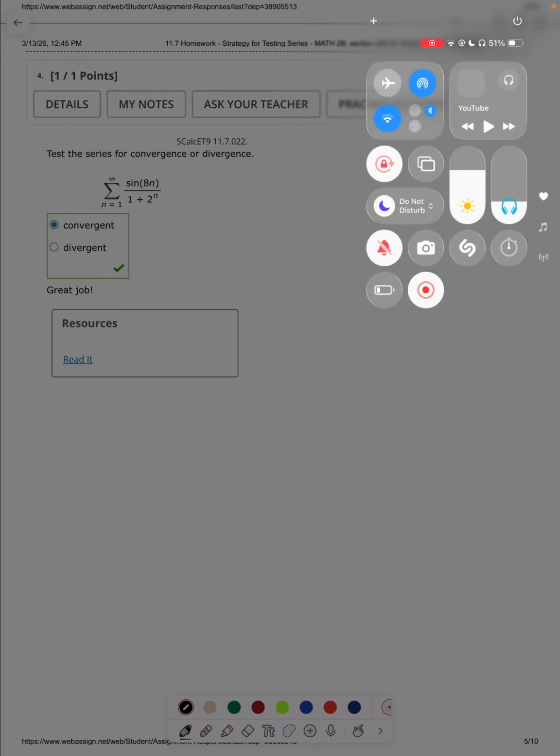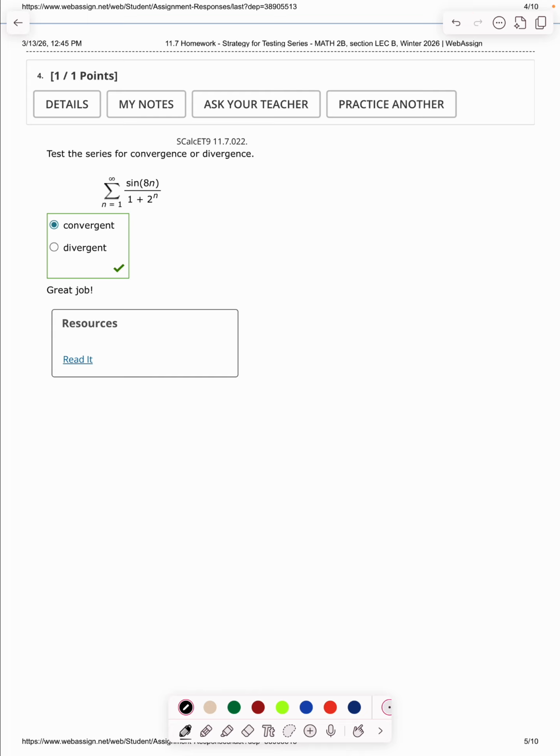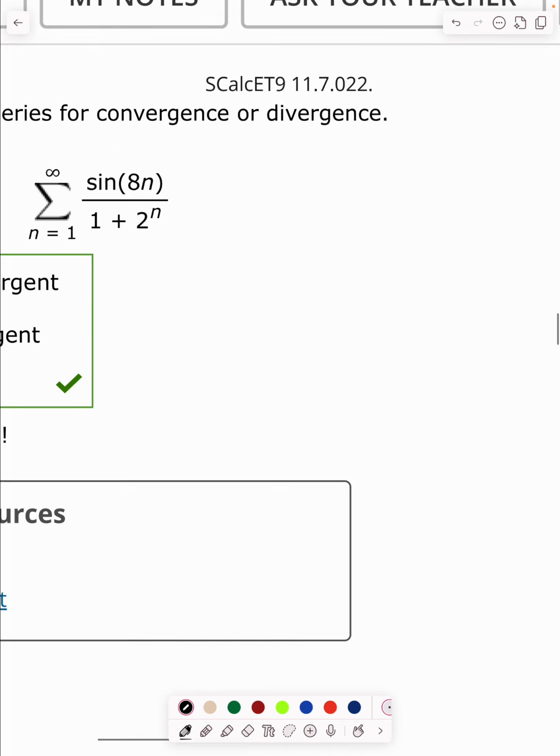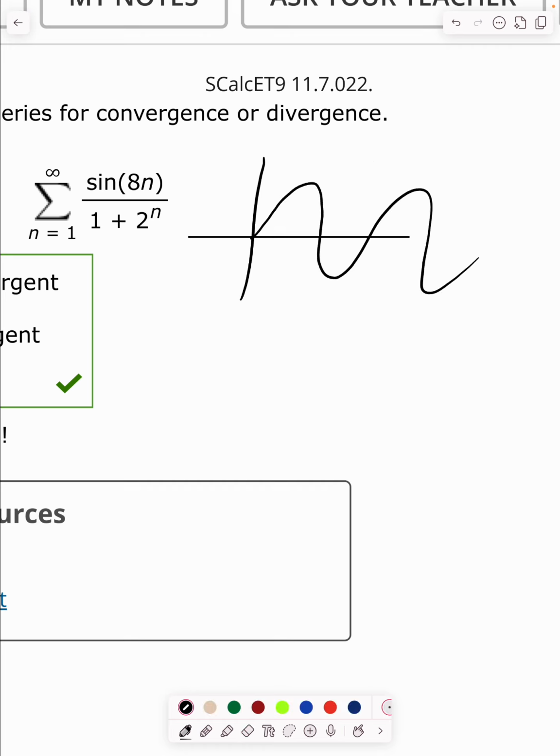Okay, so this one is interesting because there's a few ways you could do it, right? If I look at sine and I understand what sine looks like, sine is a function that goes from 0 to 1, kind of has this behavior.